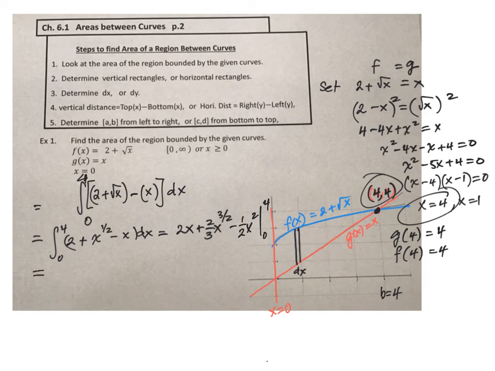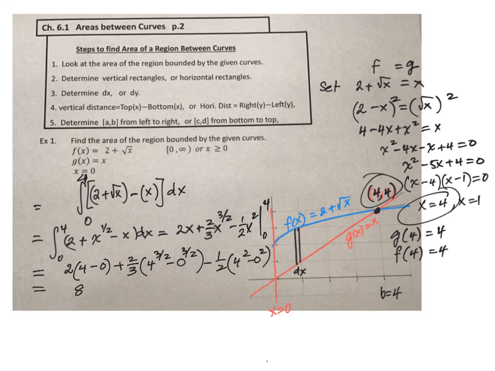And we evaluate by taking 2 times 4 minus 0, plus 2/3 times 4 to the 3/2 minus 0 to the 3/2, minus 1/2 times 4 squared minus 0 squared.